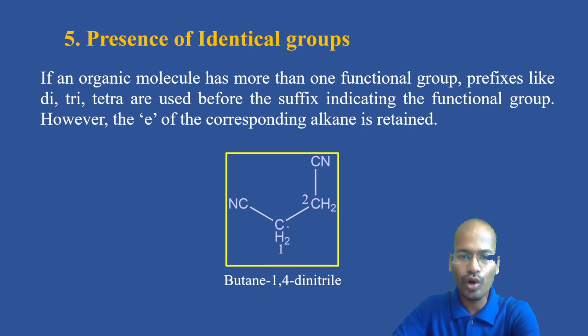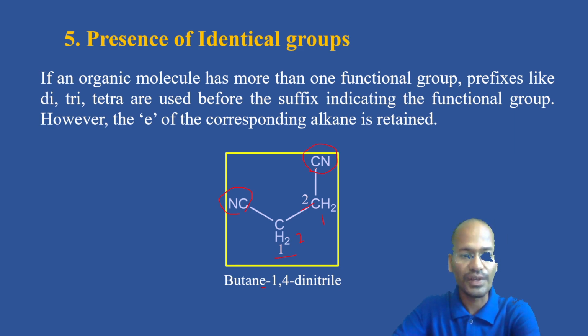Here, there are two carbons, 1 and 2. It doesn't matter where you start numbering, because if I give 1 here or 2 here, both are the same. And they are two identical functional groups, that is the cyanide functional group.